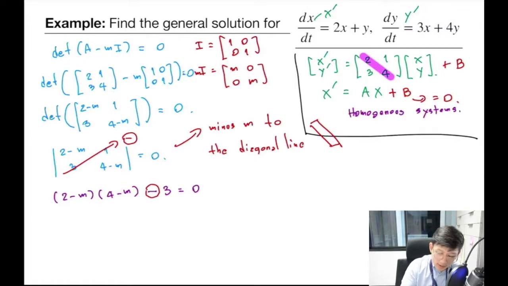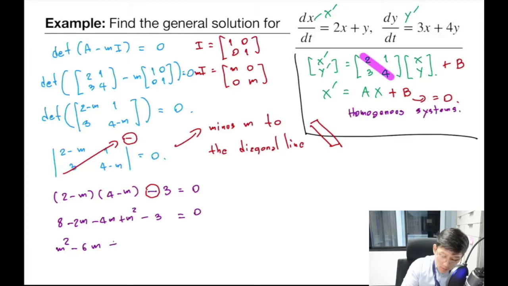And then I solve this. I get 8 minus 2M minus 4M plus M squared minus 3 equals 0, and that is M squared minus 6M plus 5 equals 0. And then I factorize it.